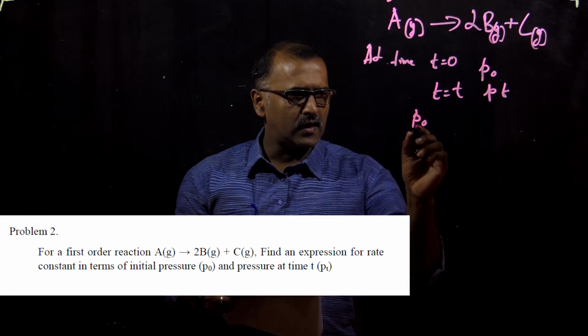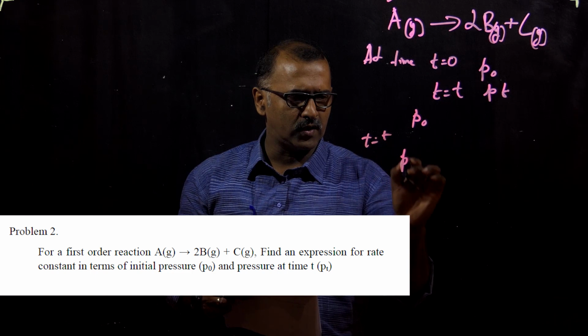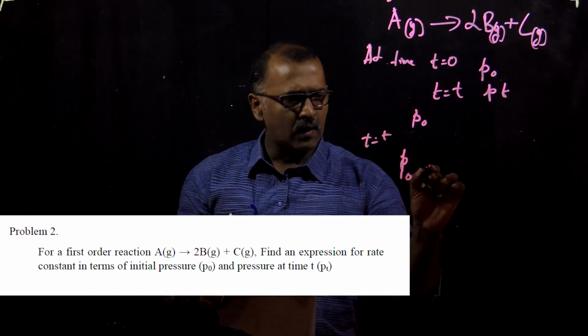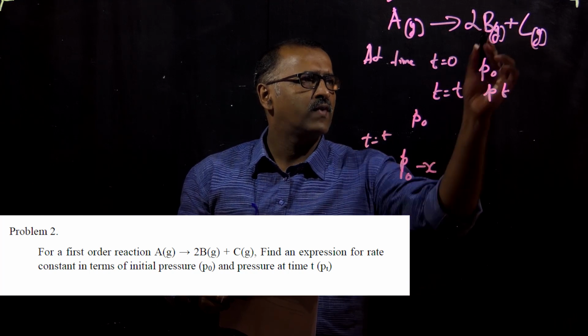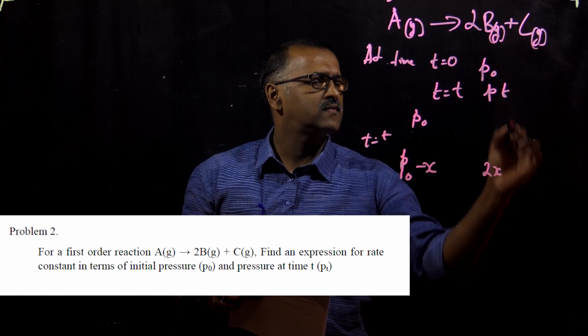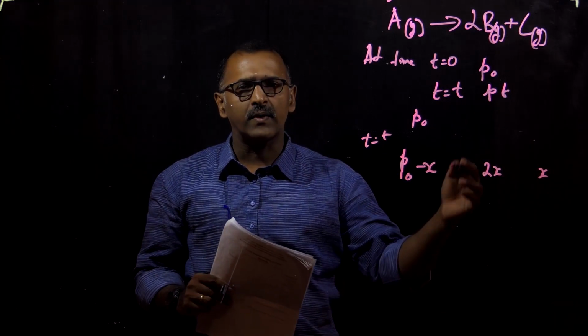So how to write the remaining terms, at time t equal to t, A will be P0 minus x, whereas B will be 2x, and C will be x. So at this time, what will be the total pressure?